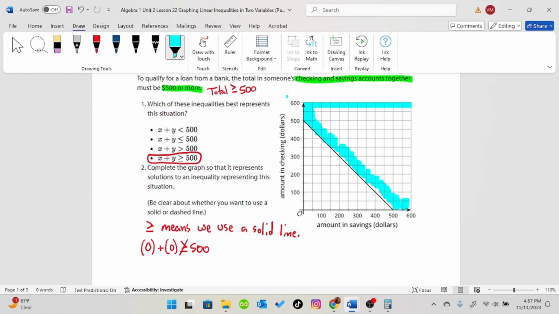So what we're doing here says everything in the shaded blue region makes the equation true because those combinations would make it more than $500. And we're saying everything on the black line itself, because it's solid, makes the equation true because it would make it equal $500.